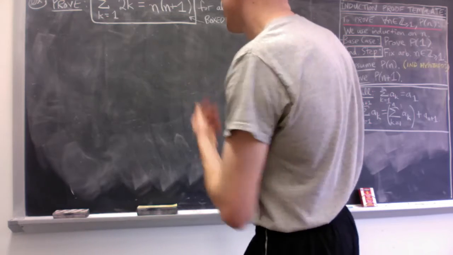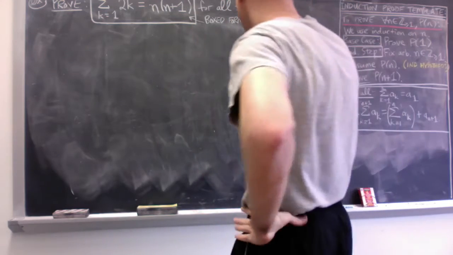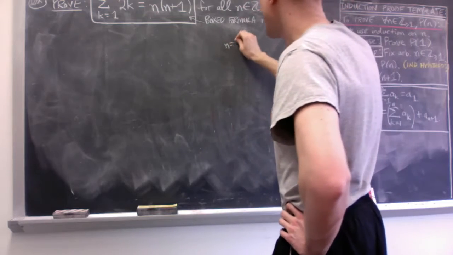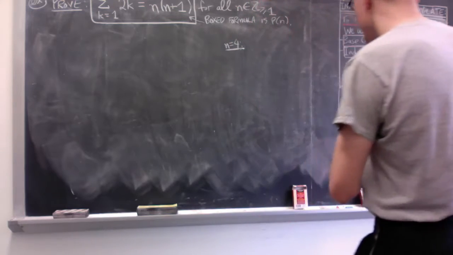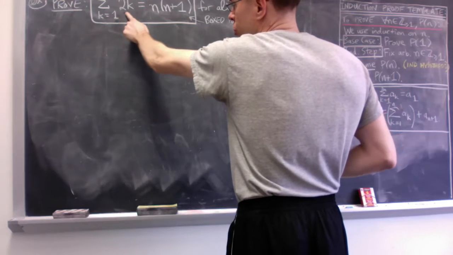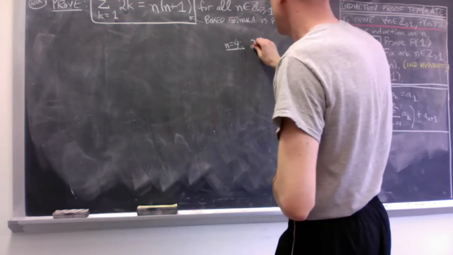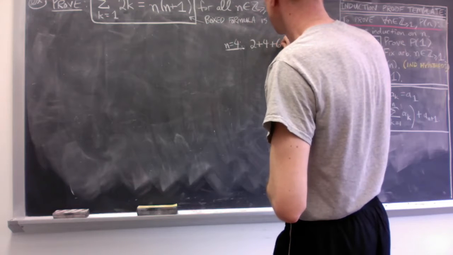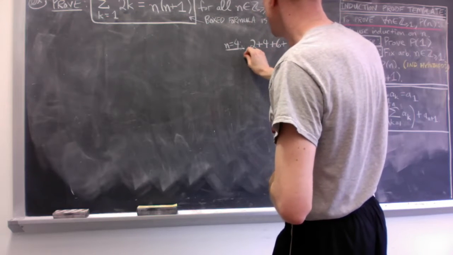And before the proof, if you just want a little example, if n is 4, say, and we expand out the definition, I have a 2k, so I'm going to start with 2, and then I get 4, 6, 8 on the left side. 2 plus 4 plus 6 plus 8.